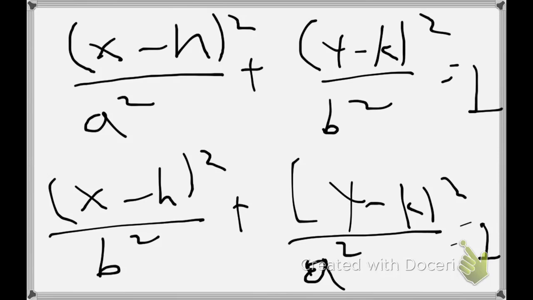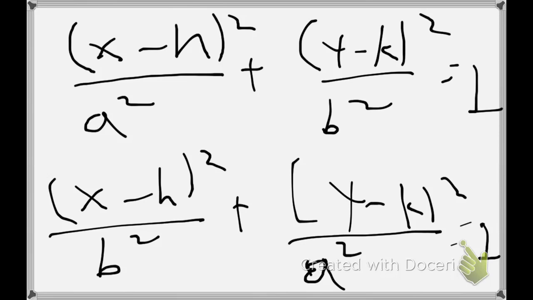So we have a couple of equations to represent an ellipse. H and k again represent the center, just like the circle. (x minus h) squared over a squared plus (y minus k) squared over b squared equals 1, and (x minus h) squared over b squared plus (y minus k) squared over a squared equals 1.